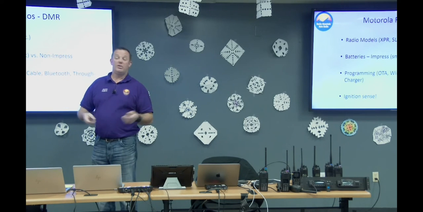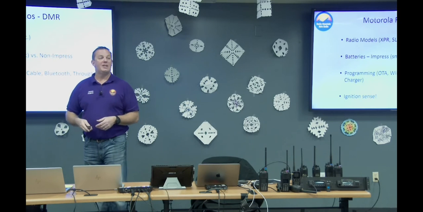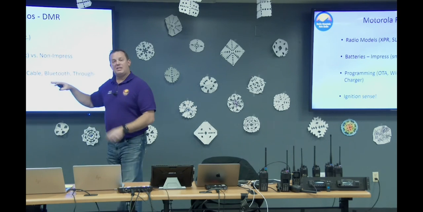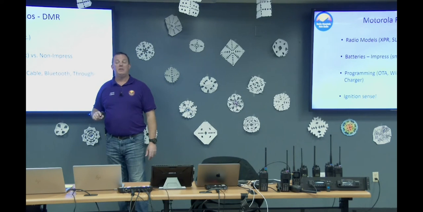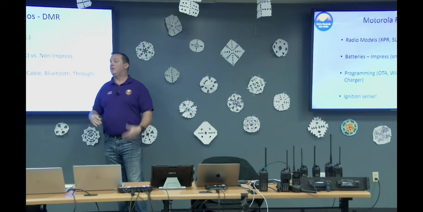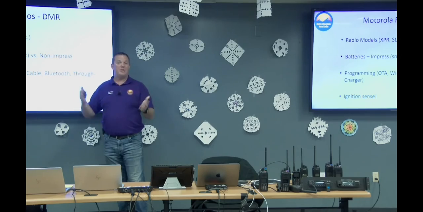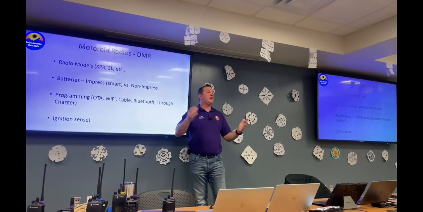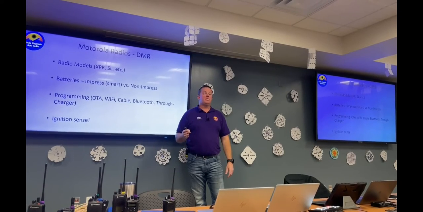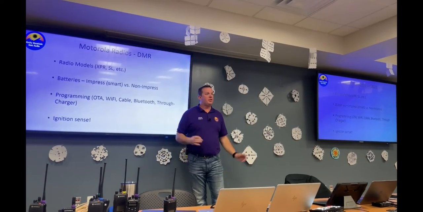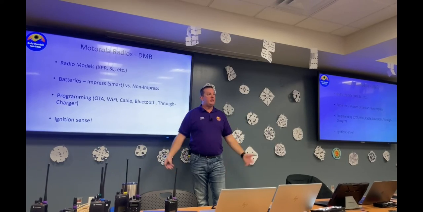It's pretty neat though, to turn your radio on and see how much life it's got left in it. A lot of third parties are making non-IMPRES batteries. They work. You'll get basically no scale, no idea what's going on with the battery. The chargers will typically not cycle them. They'll just charge them. Good news is all the Motorola chargers will charge them.